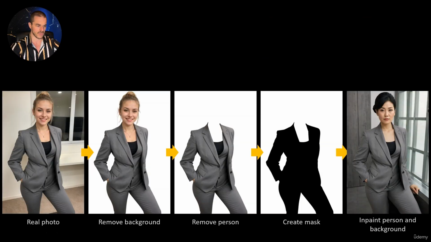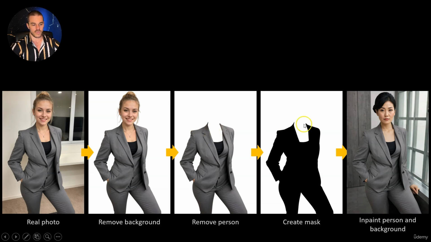And what does the process look like? First, we start with the real photo. Then we remove the background. For example, with Canva, this is super easy. It's done in one click. Afterwards, we go to an image manipulation program like GIMP and we cut out the rest of the person. For example, in this case, the throat, the chest, and the head.